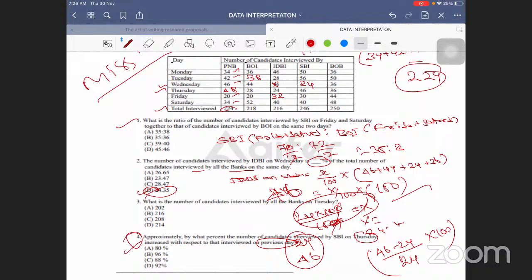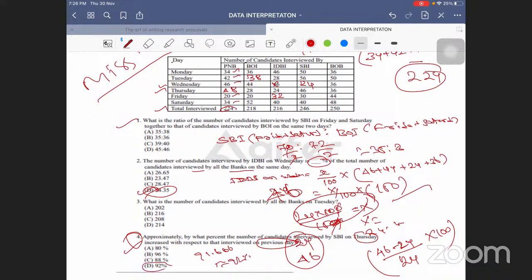Question number 4, I forgot 3. 46 minus 24 divided by 24 into 100 is approximately 91.666, so we can consider it as 92%.